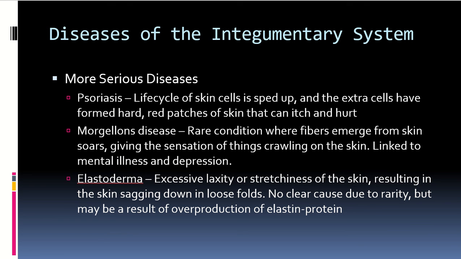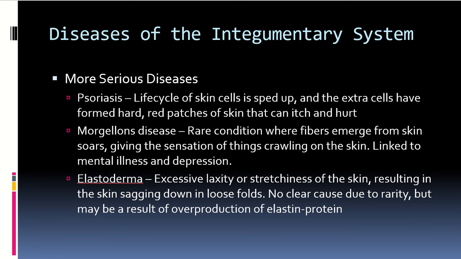Now, there is also elastoderma, which is excessive laxity or stretchiness of the skin. And this basically causes your skin to fall and sag down into loose folds. There is no clear cause due to how rare this particular condition is. But one suggested theory is that it may be a result of an overproduction of elastin protein.